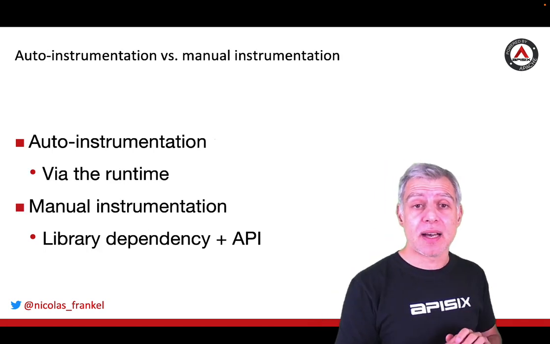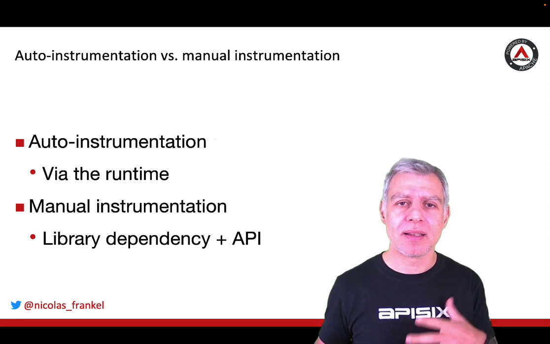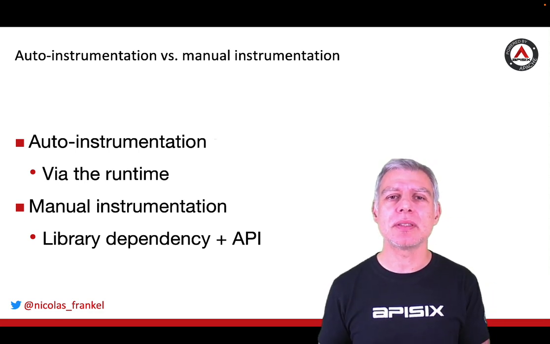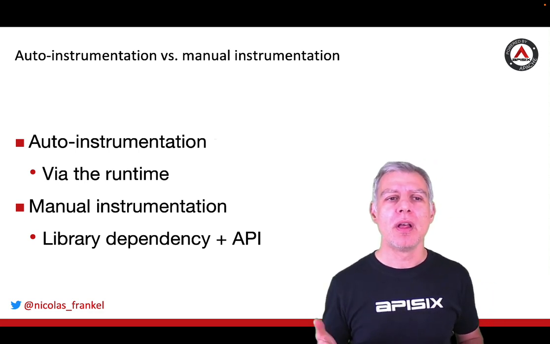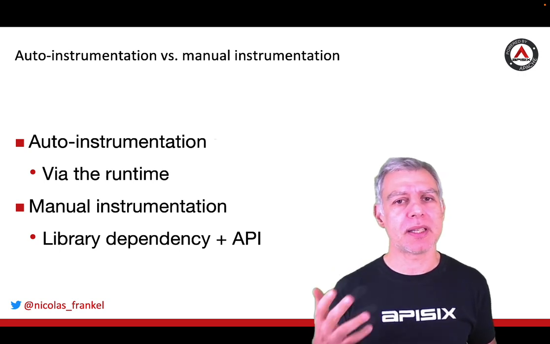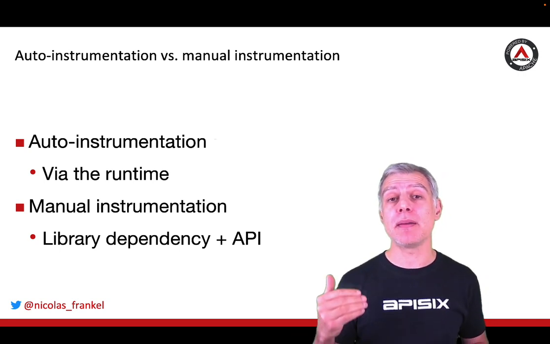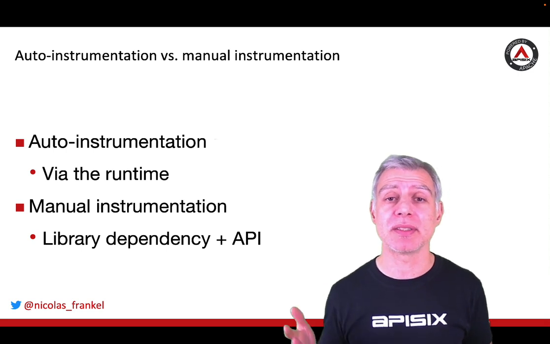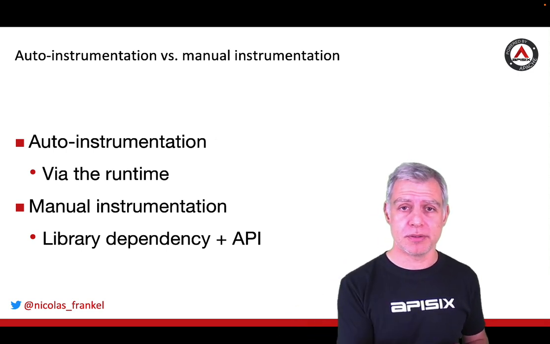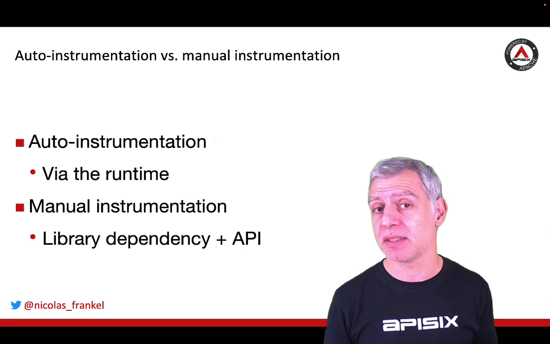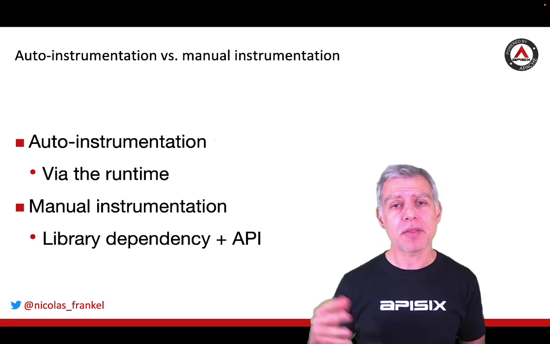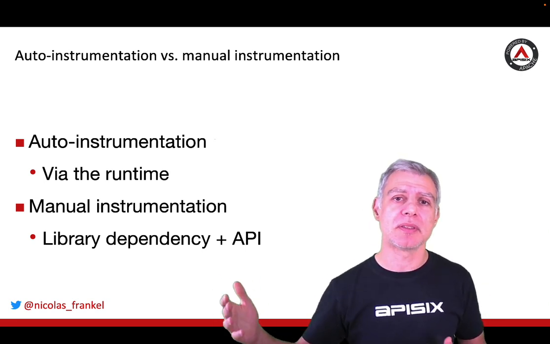On the client side, it's, well, I wouldn't say easy, but the first step is straightforward. The first step is auto-instrumentation. This is only available when you've got a runtime. For example, on the Java side, you have the JVM that is a runtime. On the Python side, well, Python is a runtime.